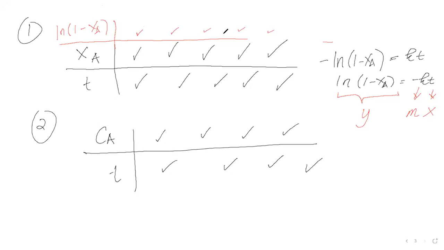If this data that you have for the problem is not a straight line with y-intercept right on the origin, then your guess that your reaction is a first order unimolecular type of reaction is wrong. You have to make another guess. That's just how it is.